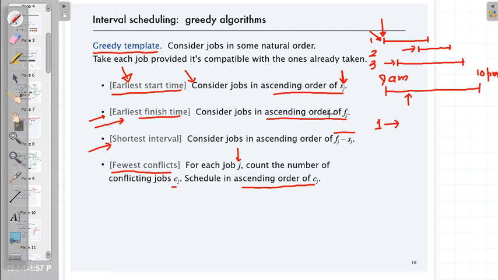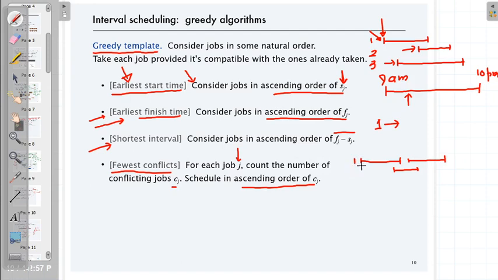So if this is the case, let me number the jobs.